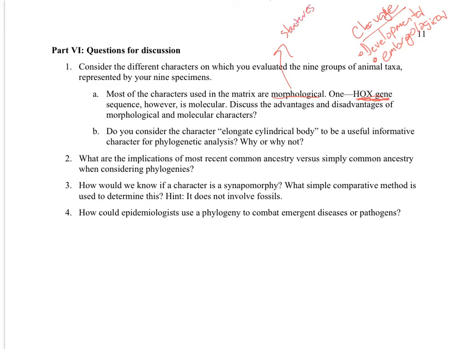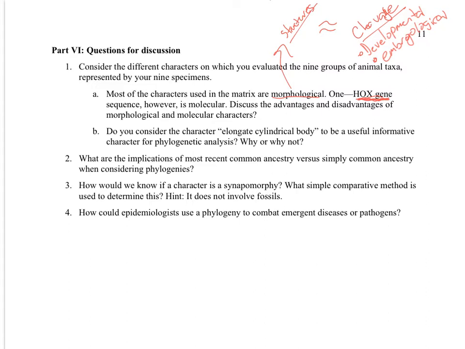So these are things you can see and measure, whether they are symmetrical bilaterally or radially, whereas the Hox gene is molecular. These two are similar in that you can look at them under a microscope, or with just your naked eye, and you can identify and classify. The Hox gene is something you can't see with your naked eye. You have to use biochemical processing, gene sequencing, in order to see it, and that's true for all molecular data.